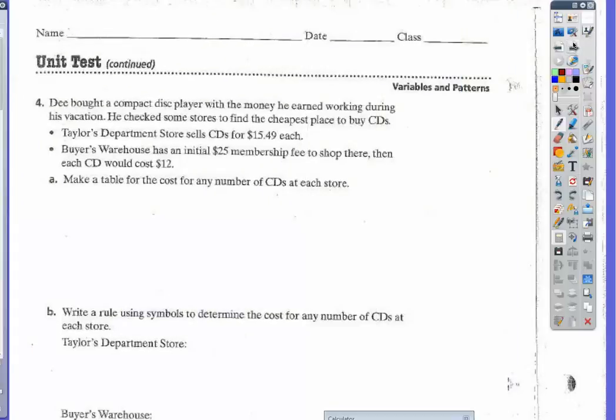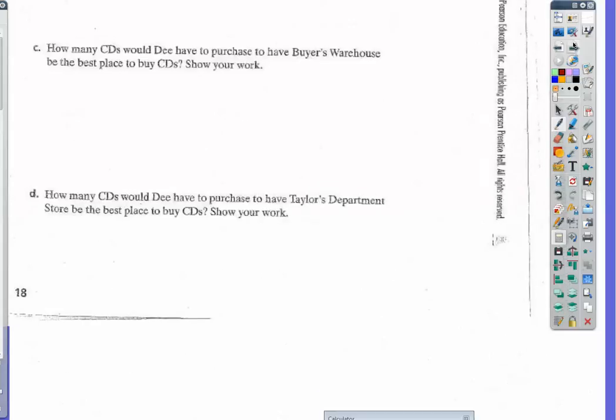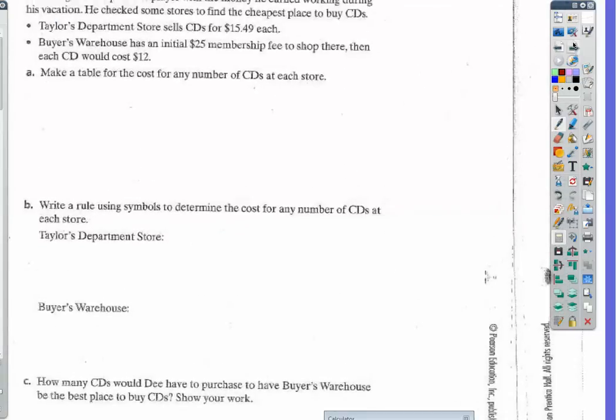All right, D bought a compact disc player with money that he earned working on his vacation. He checked with some stores to find the cheapest. We have Taylor's and we have Buyer's Warehouse, and of course we do not have a grid.